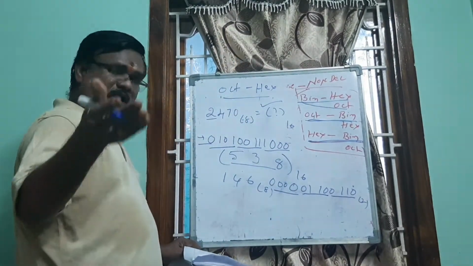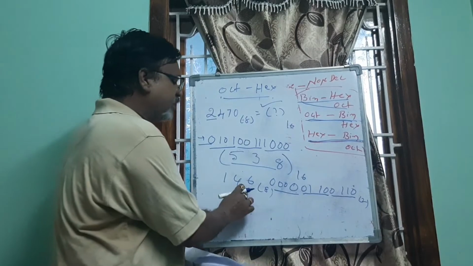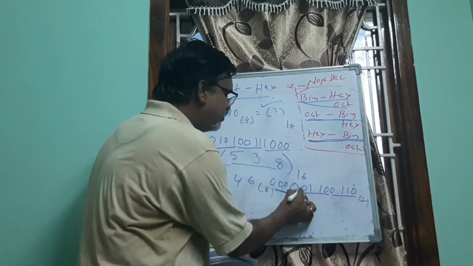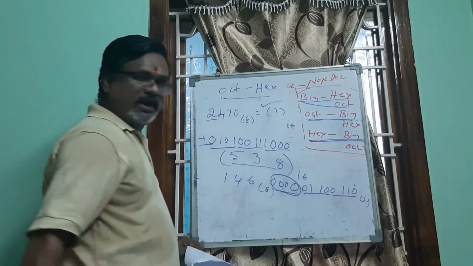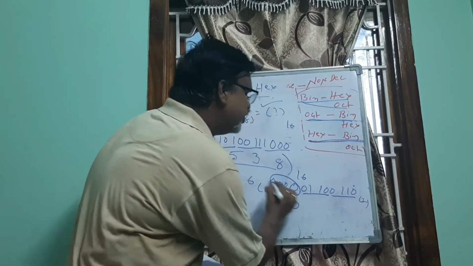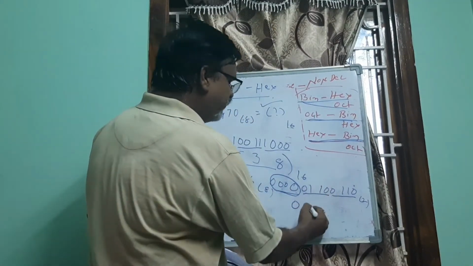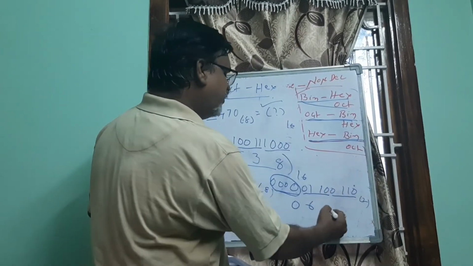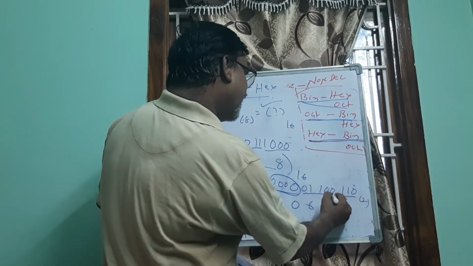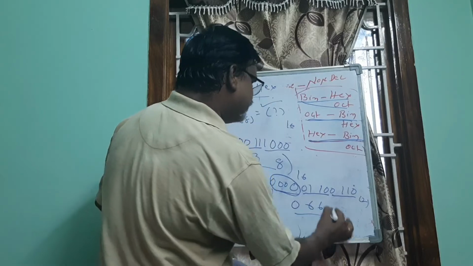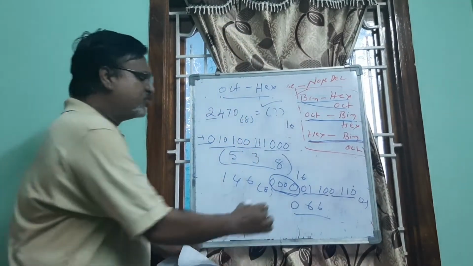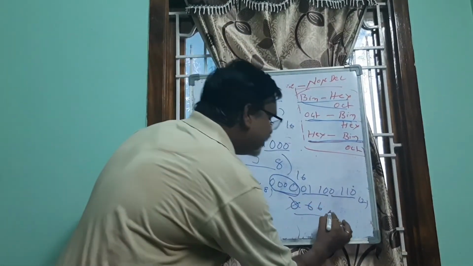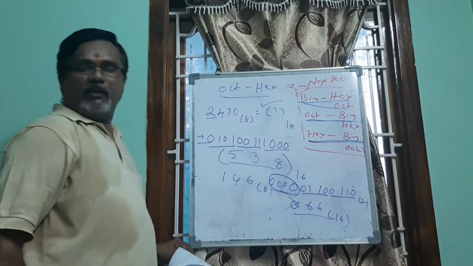And it is very fortunate that in the example I have taken, the remaining MSB group you got as 0. So 0110 is 6, and then again 0110 you got, 6. So you can discard this 0, it is nothing but 66 base 16.